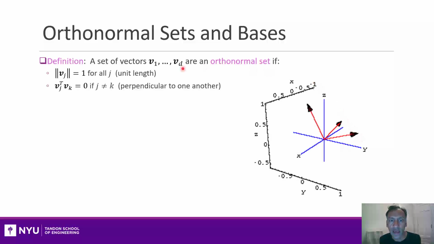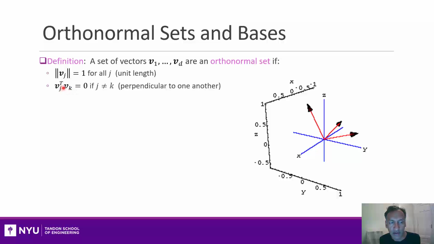So if you have d vectors, say potential basis functions in this lower dimensional space, they're called an orthonormal set if each vector has unit norm. That is where the normal part of orthonormal comes from. And if I take any two different vectors, they are orthogonal.